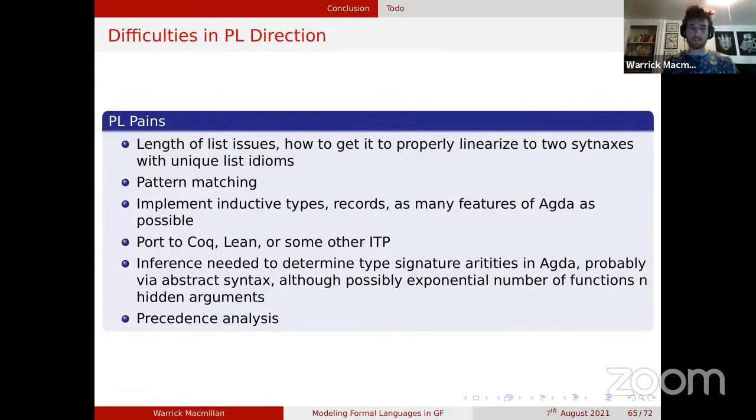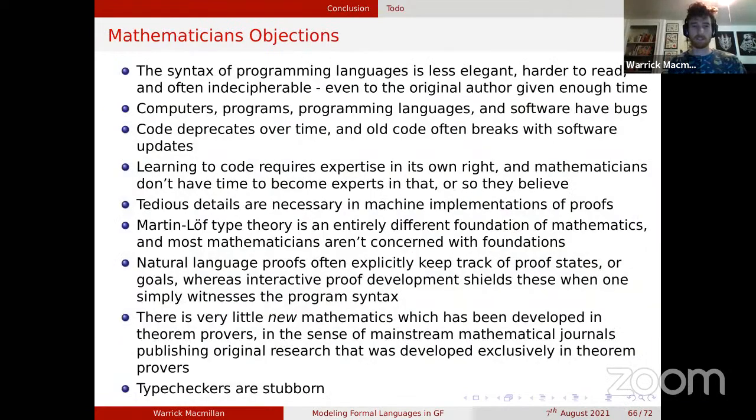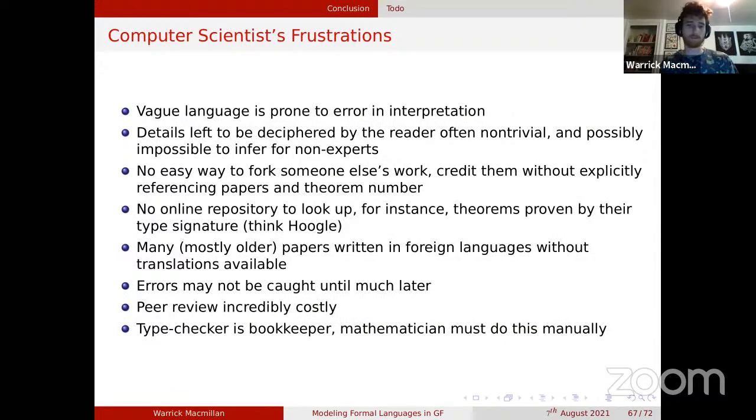So I'm going to just omit the content of these slides and just say that these are a lot of thoughts that I've had ex post facto, doing a lot of work and not getting as much progress as I wanted.